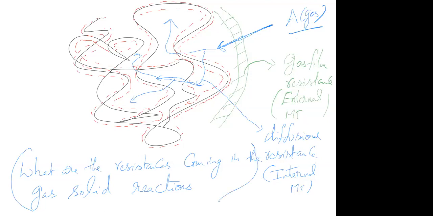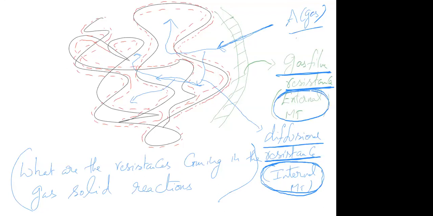One is because of the external gas film formation, there is a gas film resistance, or external mass transfer. Another thing is particles which are entering inside the pores will have a diffusional resistance, which is also called internal mass transfer. So this is external mass transfer and internal mass transfer.